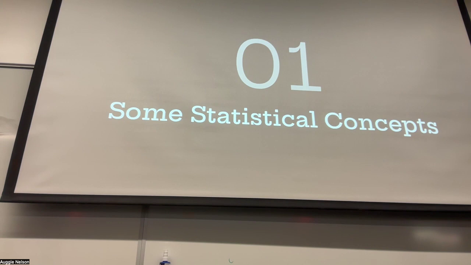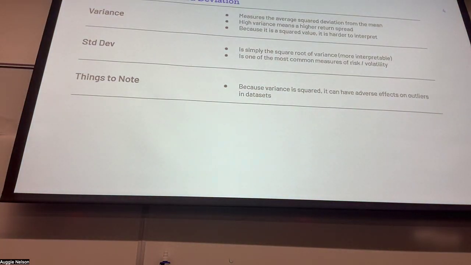Okay, so start with some statistical concepts. If I make a mistake, stop me. I'm not a math major. If somebody knows these concepts better than I do, please feel free to shore them up. Variance, for any data set, in this case the returns of a stock, is the average squared deviation from the mean.